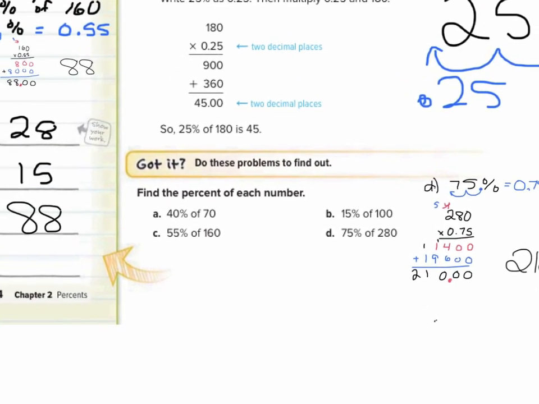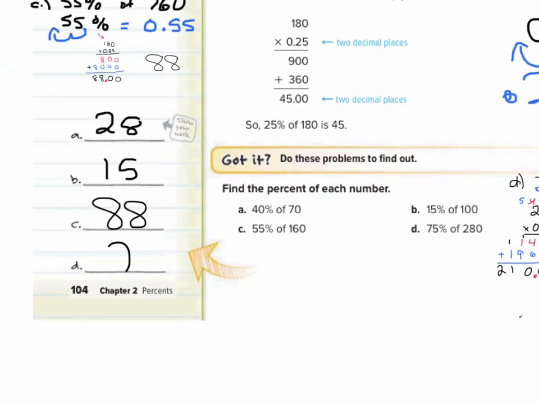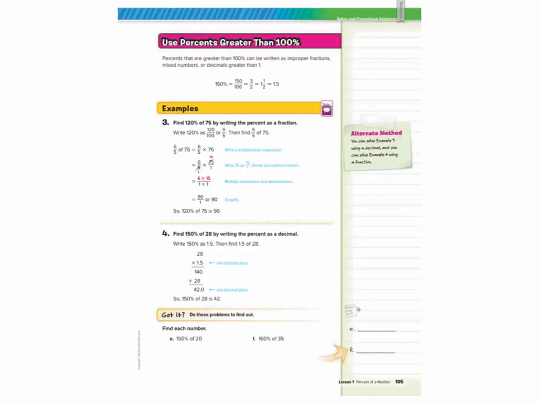And so to find percents of numbers, one thing you can do is to multiply by a fraction. The other thing you can do is to multiply by a decimal. Both methods work. So if we can find percents of numbers less than 100, we can also find percents that are greater than 100 using the same method.